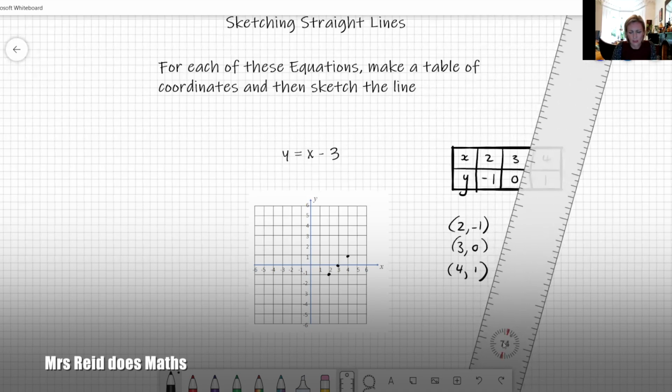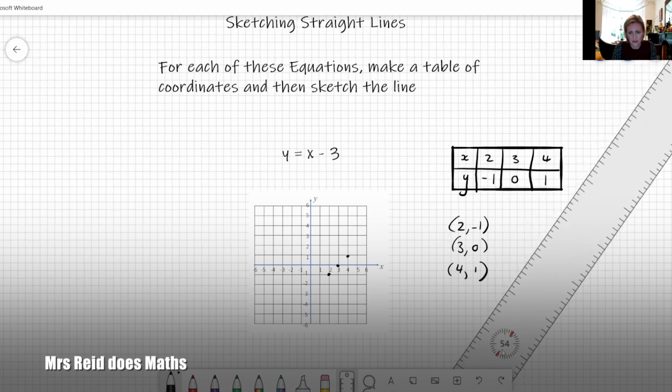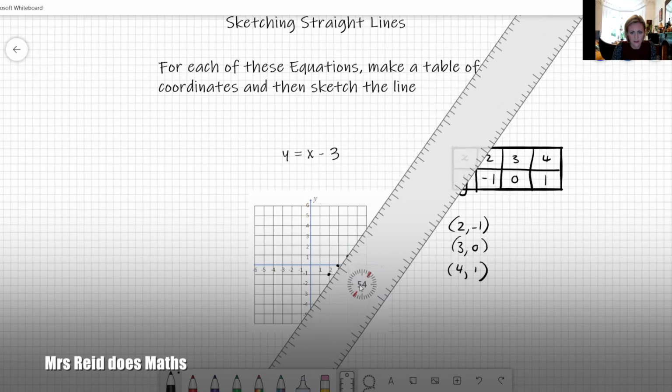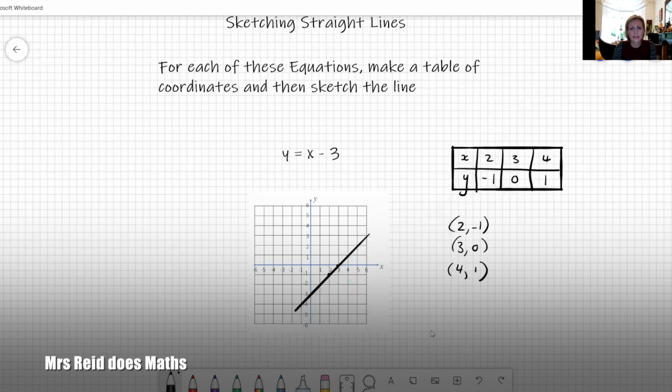It's easier with a real ruler, and as you can see, it takes ages to draw with this because you have to swirl it all around. Okay, so I think that's me joining, and you can continue the line over those points and just keep it going. And so that is the line y equals x minus 3.